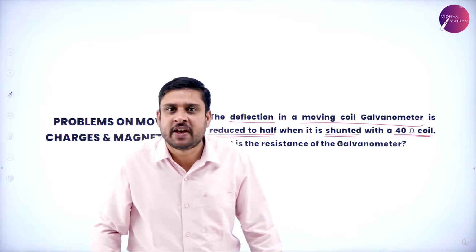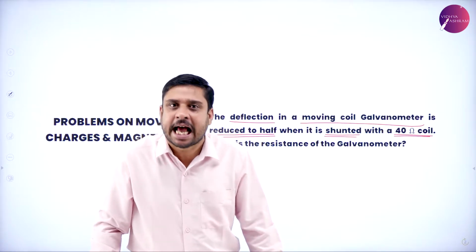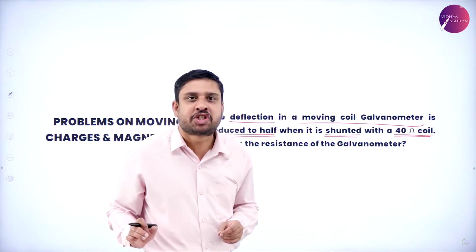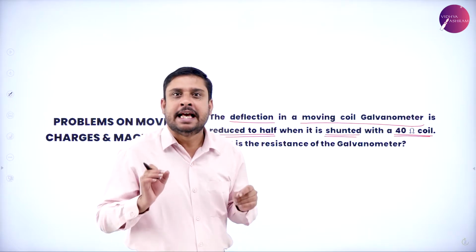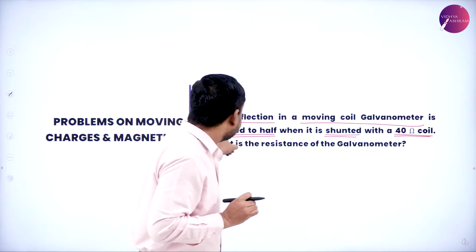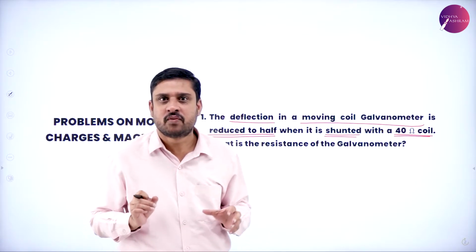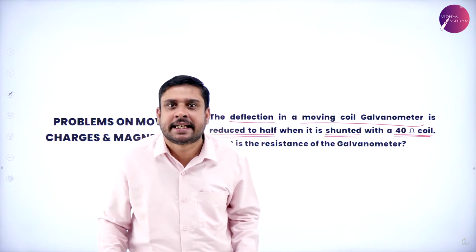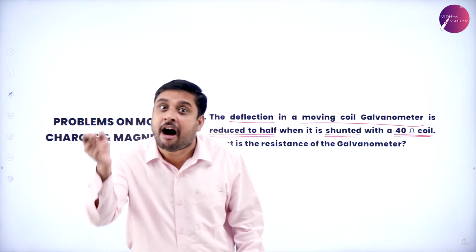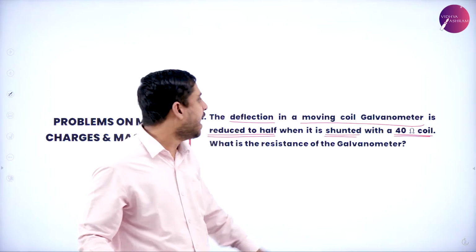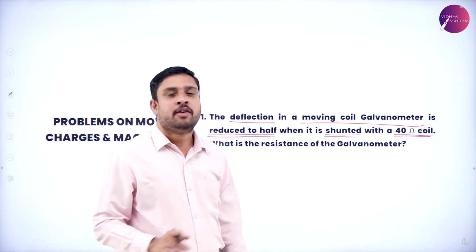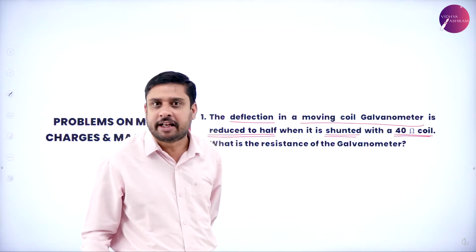One moving coil galvanometer is given. Deflection in the MCG is reduced to half. The deflection in the galvanometer becomes half of the initial value when it is shunted with a 40 ohm coil.